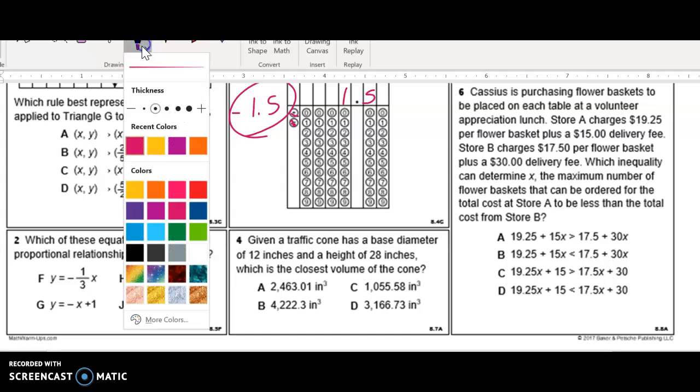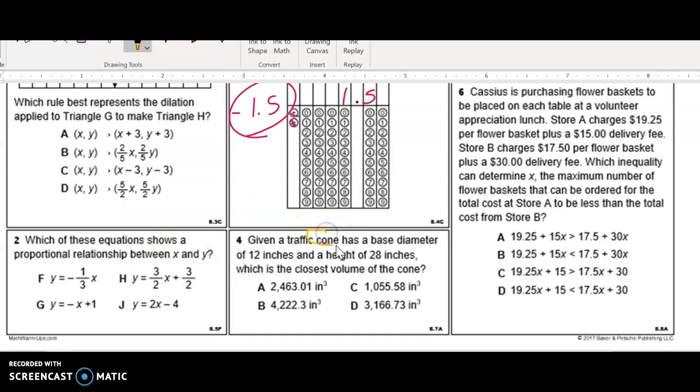Given a traffic cone, and right here is the biggest one, base diameter of 12 and height of 28, and I want volume. So volume equals 1/3 pi r squared h.